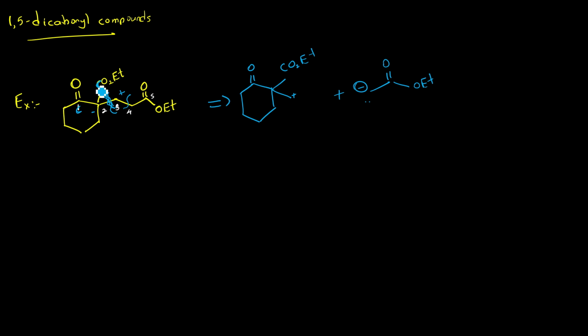We have talked about the malonic esters also. If you remember the malonic esters, when the alpha carbon is in between the two carbonyl compounds, the nucleophilicity of this is very high. So this particular disconnection is much more feasible than this. So this is completely wrong.